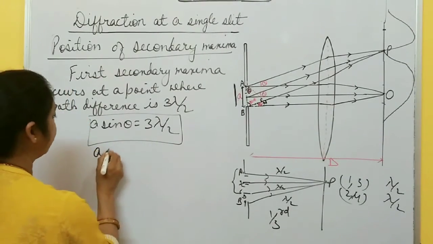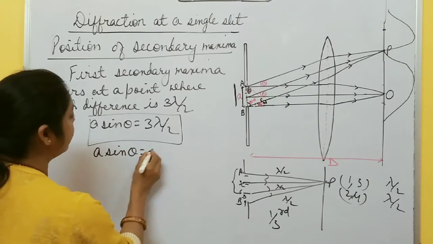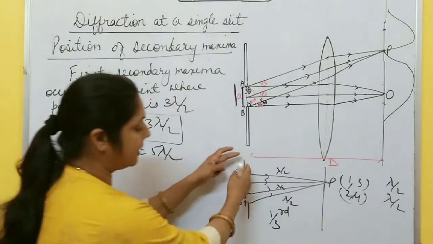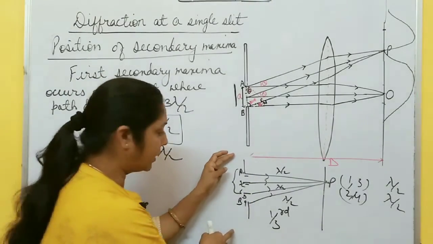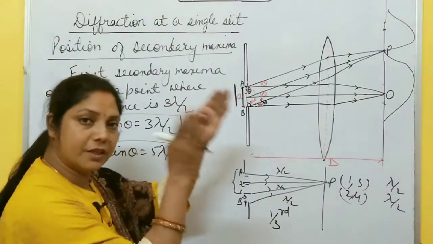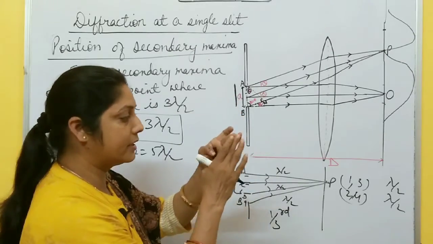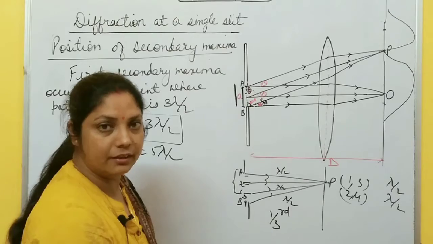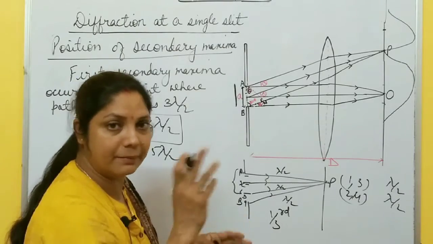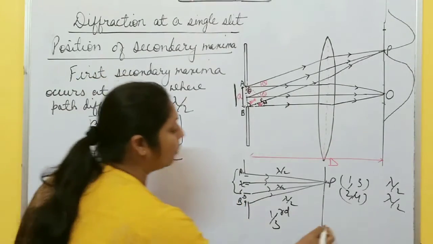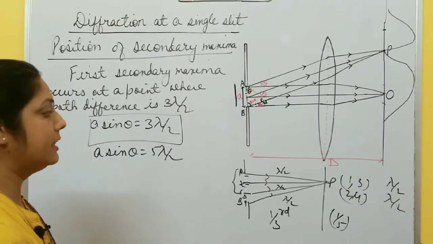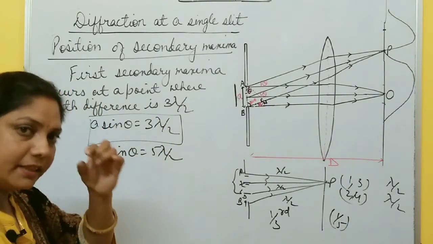Again, second secondary maxima is formed at 5 lambda by 2, right? To prove this one, the slit is divided into 5 equal parts. From the first four parts, the rays reach point P and cancel each other, forming destructive interference. Only 1/5 part reaches point P, and hence the intensity decreases again.